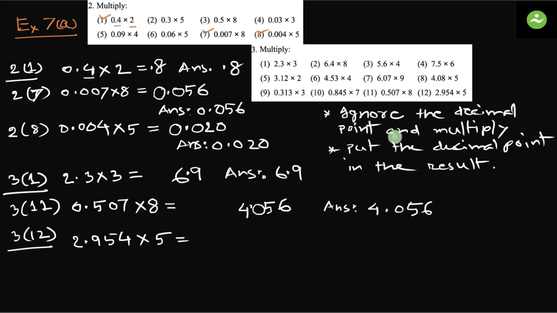Ignore the decimal point and multiply. 5 into 4 is 20. 2 in hand. 5 into 5 is 25, 25 and 2, 27. 5 into 9, 45, and 2, 47. 4 in hand. 5 into 2, 10. 10 and 4, 14.